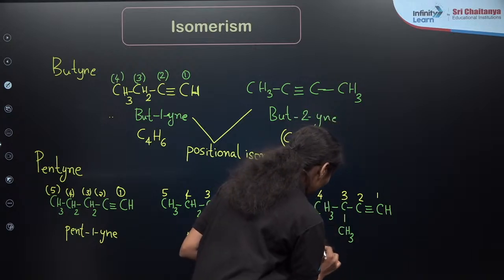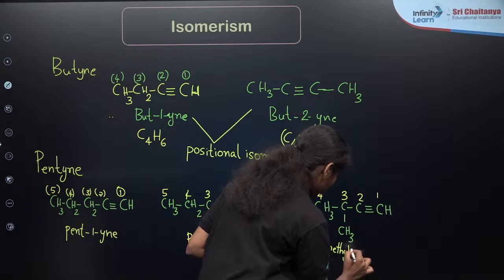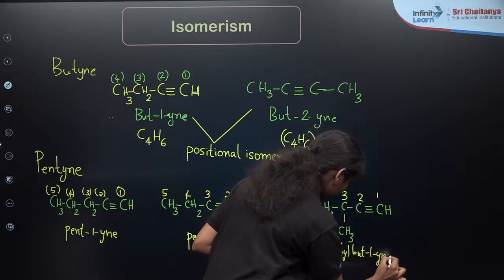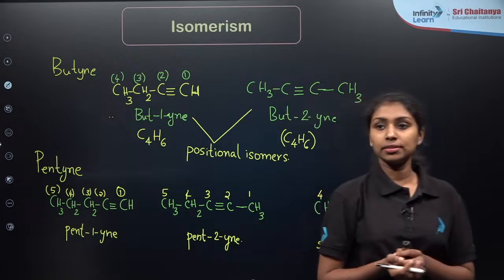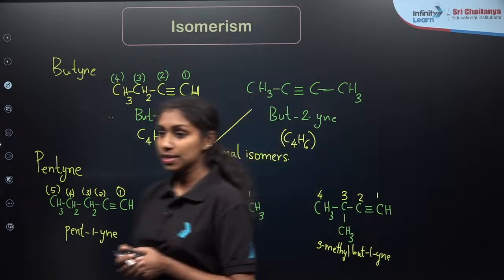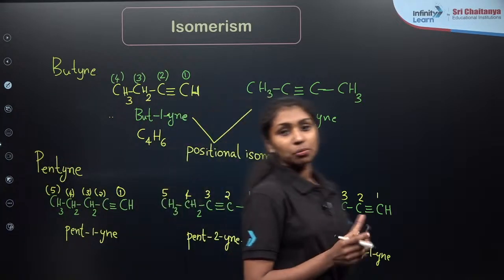So it will be 3-methylbut-1-yne, right? 3-methylbut-1-yne will be the IUPAC name for the third compound here. So we can say that these 3 are the different isomers for the pentyne molecule, right?